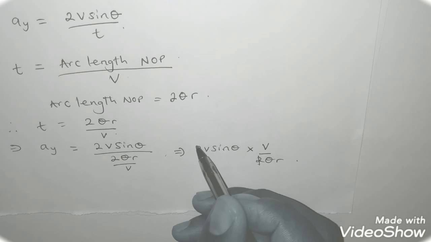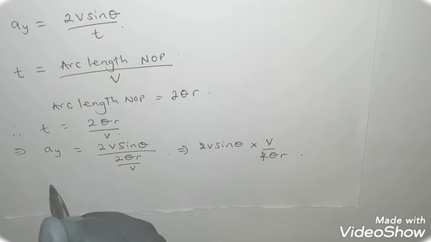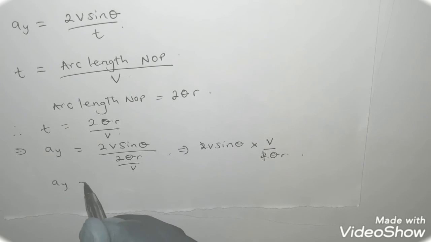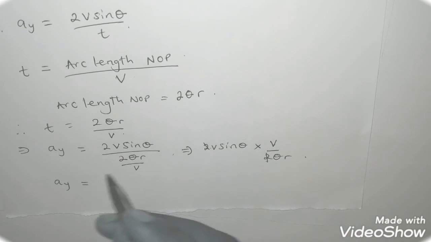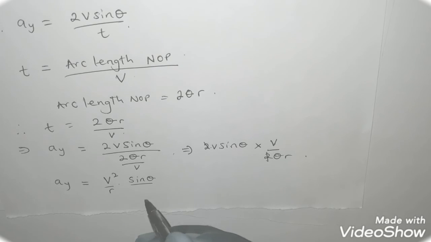So the 2 and this 2 cancel. This v and this v will give us v squared, implying that our acceleration is now equal to v squared over r times sine theta over theta.